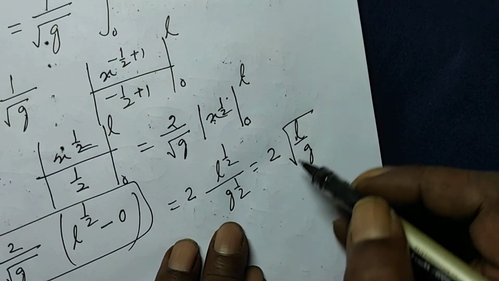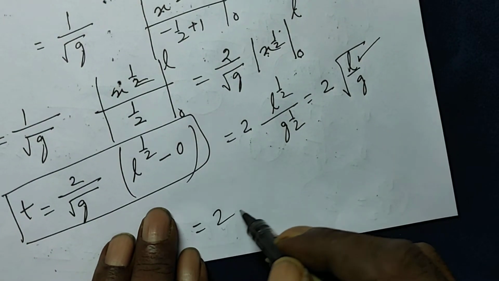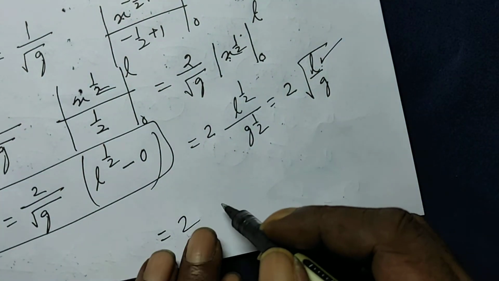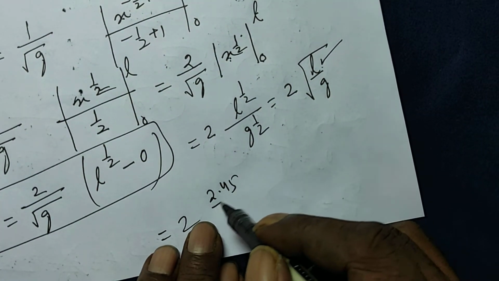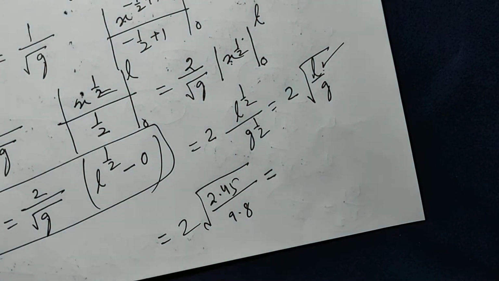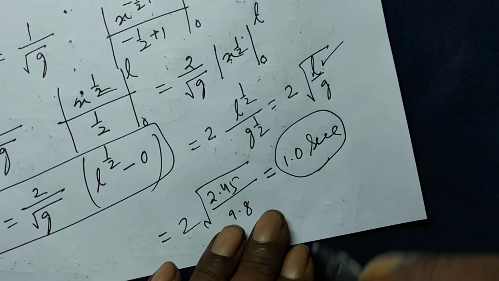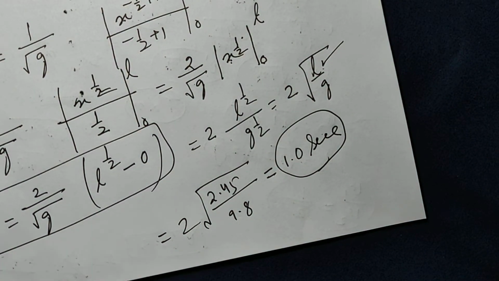And the length of the string is given, 2.45 meter. So I put 2.45 divided by g equal to 9.8, square root of that, and it comes out to be 1.0 second. So I hope it is clear to you.